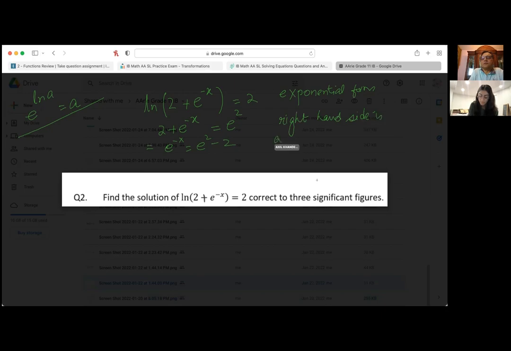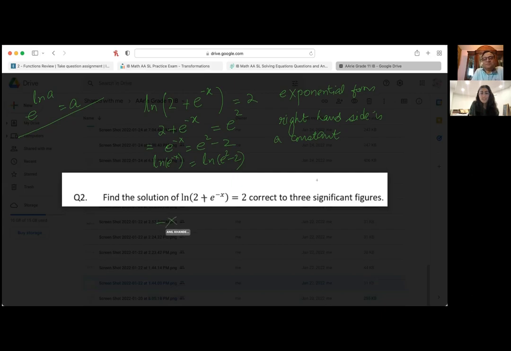If you take ln, in that case you will get a constant on the right hand side and you'll get the value of minus x. You get the idea. Yeah. So if I take ln of e^(-x) equals ln of (e^2 minus 2), that will give me the value of x, it would be the same thing, right?